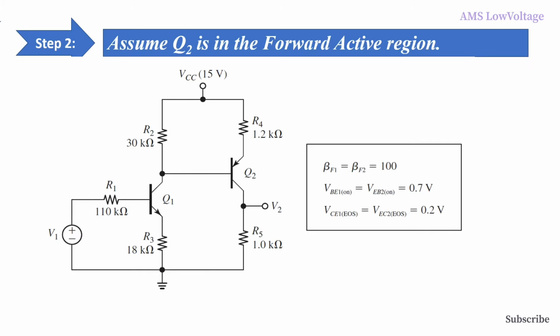The beta value we have seen from the first picture, and this is the condition: for both transistors, beta is equal to 100.